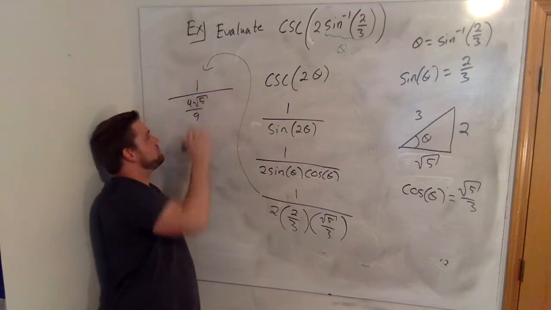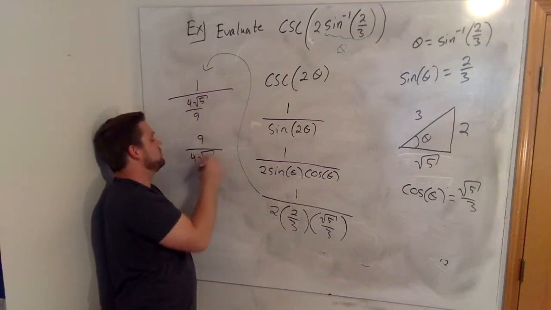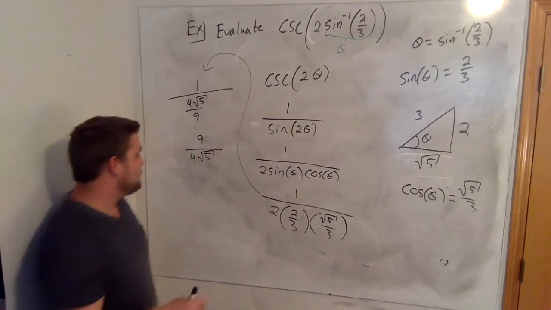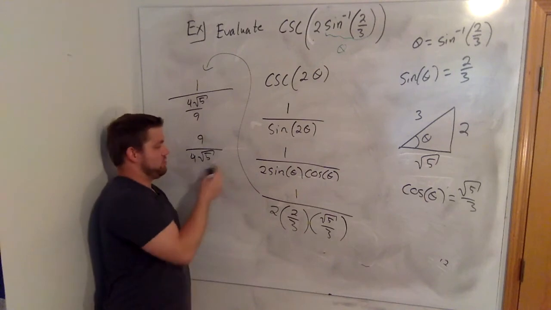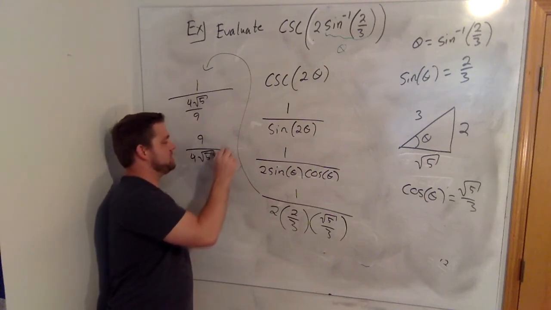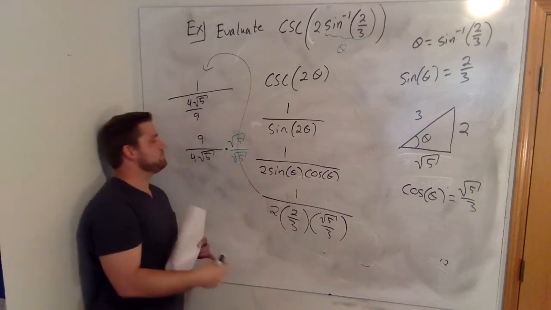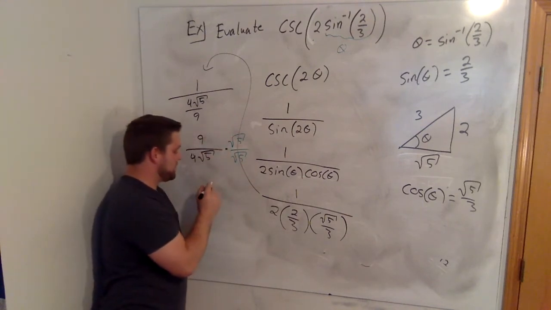Now we're just going to reciprocate, so this is the same thing as 9 all over 4 root 5. Now I'm totally fine with this answer. It's going to be very common though that the book will have the denominator rationalized. So how about we hit this with a root 5 all over a root 5. So we'll get 9 times root 5.